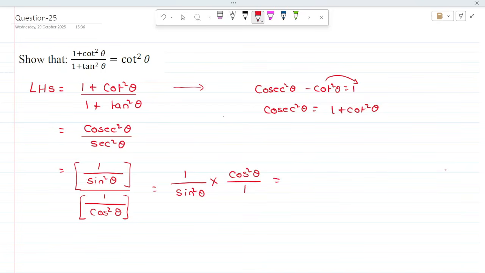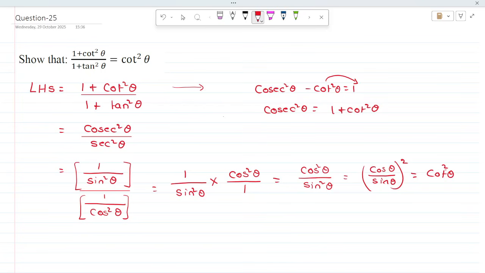Multiply the terms beside each other. You will be left with cos square theta by sin square theta, which is equal to cos theta by sin theta whole square, which is equal to cot square theta.